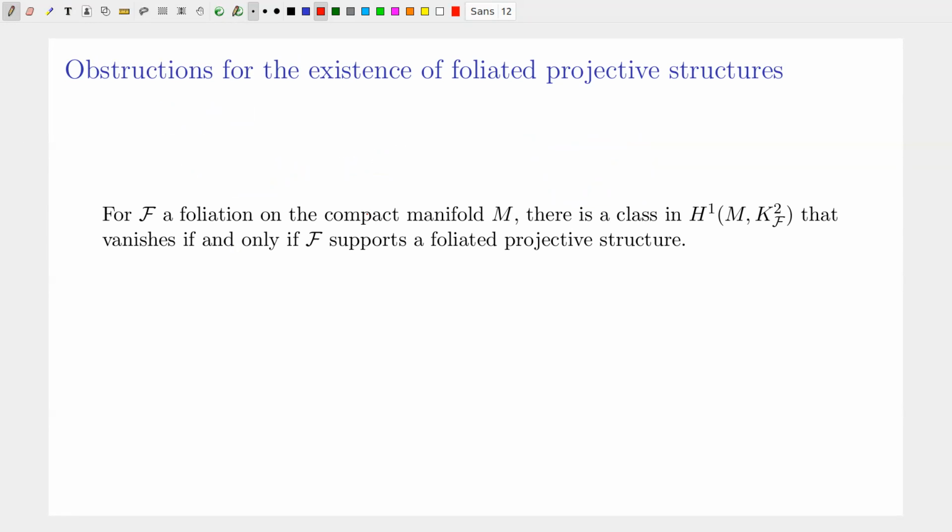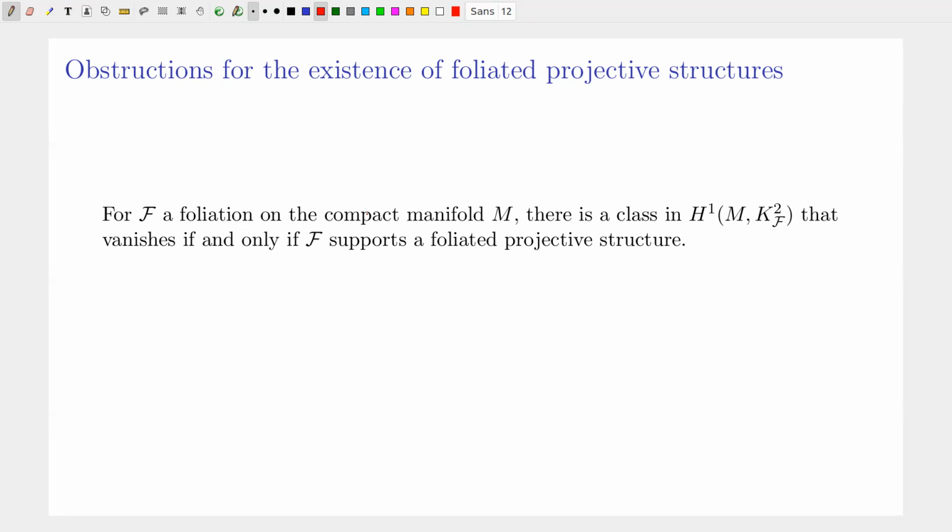I told you before that for curves we naturally have a cohomology class in the H1 of the curve with values in the space of quadratic differentials, and we have the same obstruction at the level of foliations. So if you have a foliation by curves with singularities on my complex manifold M, we have this class in H1 of my manifold with values in the sheaf of quadratic differentials along the leaves of the foliation.